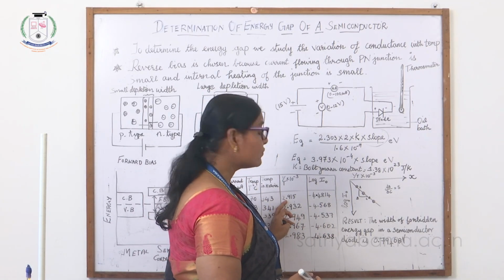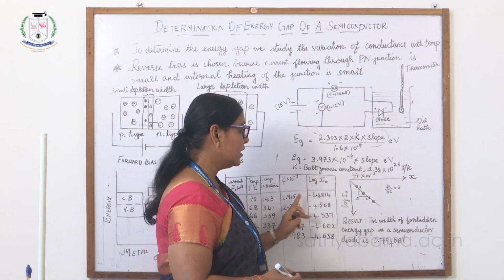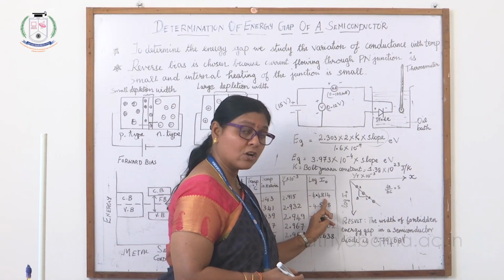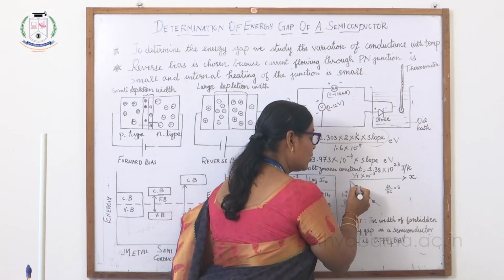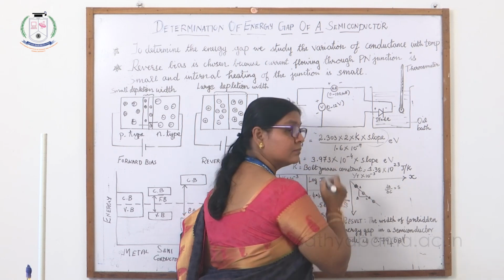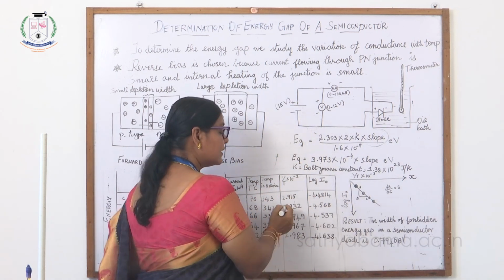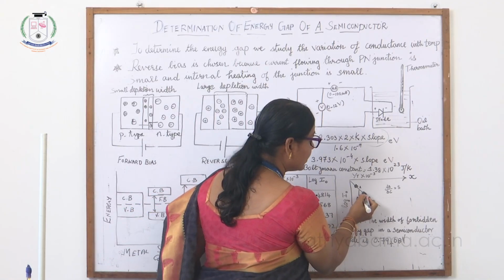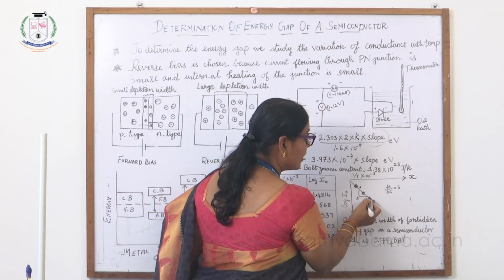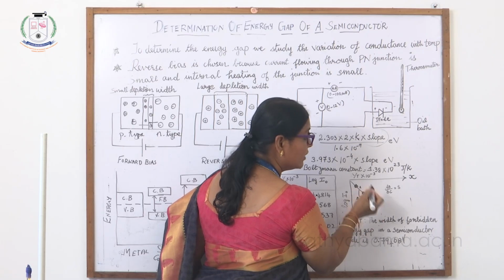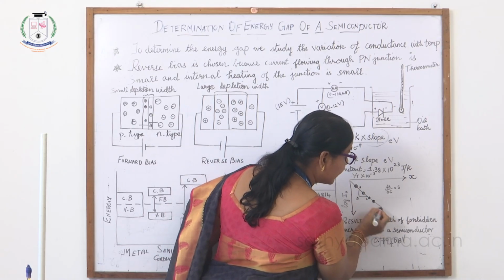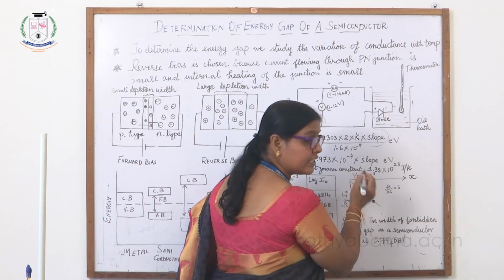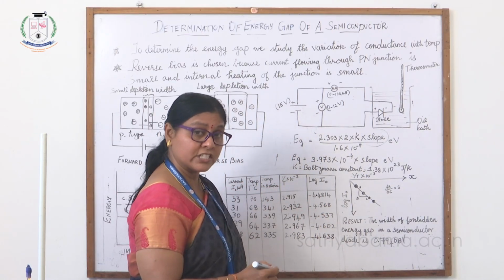For the value of 2.915, you relate what is log I0 and make your first plot. Then repeat likewise for the rest of your readings, and you observe that the points are lying in different regions of my graph sheet.